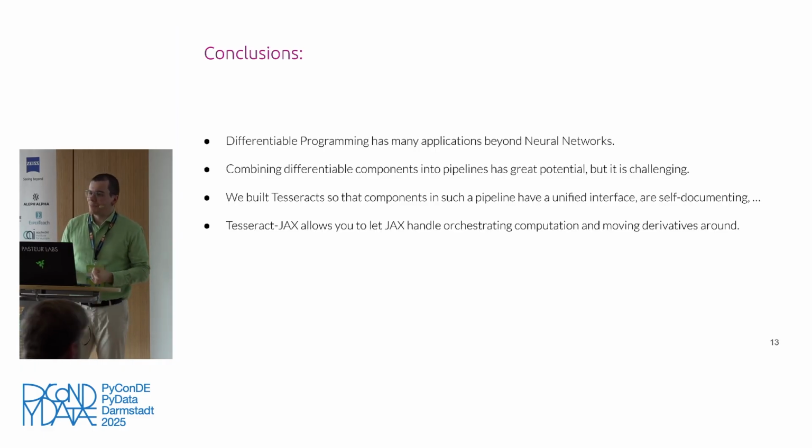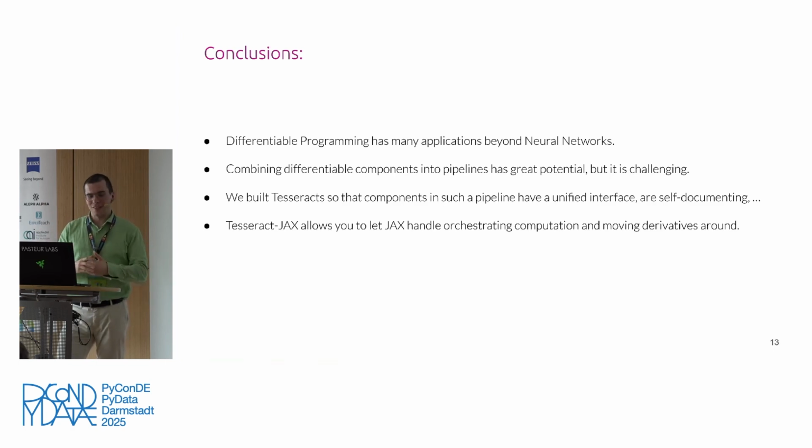So again, I hope I've shown you at least a bit that differentiable programming has really a lot of applications beyond neural networks. Combining differentiable components into pipelines has great potential, but it is challenging. There are a lot of challenges related to technical stuff, but also there is the inherent challenge, let's say, of taking some scientific code coming from some research lab, packaging it and using it.